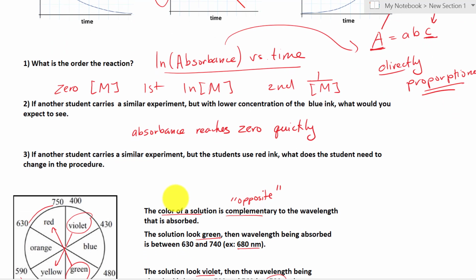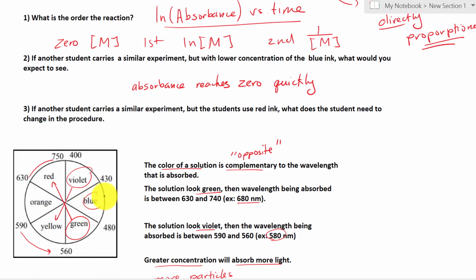Now let's continue. Another student carried out a similar experiment, but the student used red ink. What does the student need to change in the procedure? Well, when we use blue ink, right, blue ink is right here. We would need the range of that wavelength from 590 to 630. But if we change to red, what would it be?